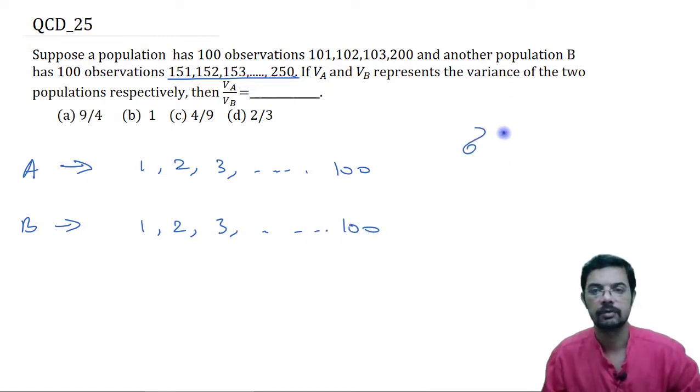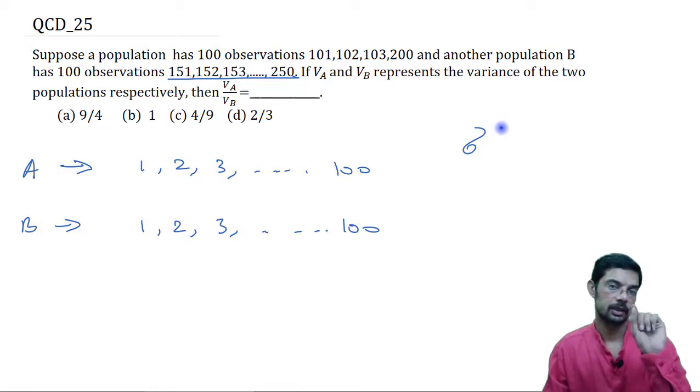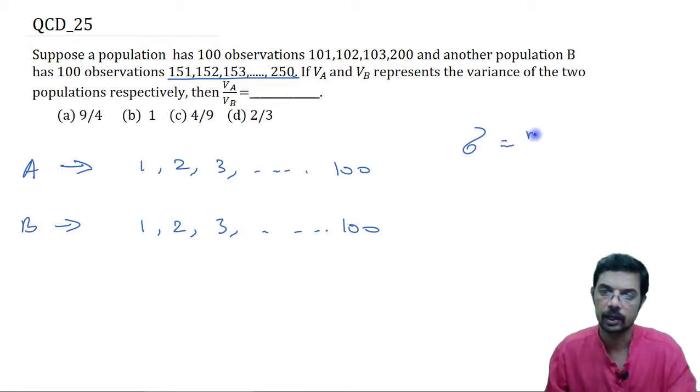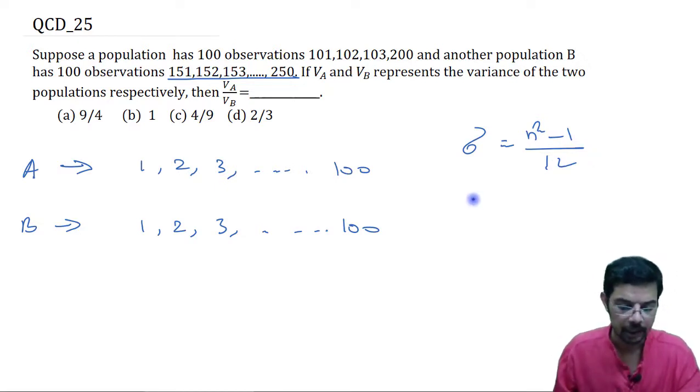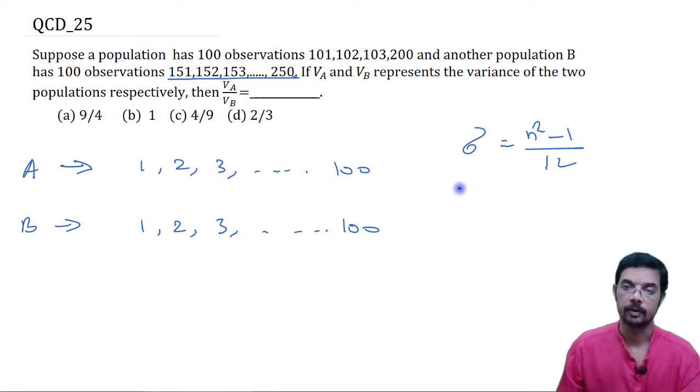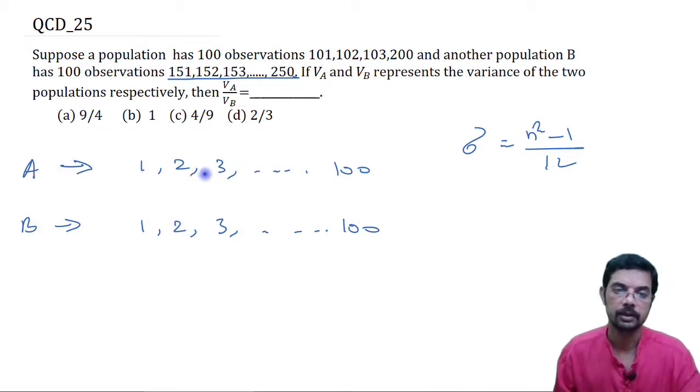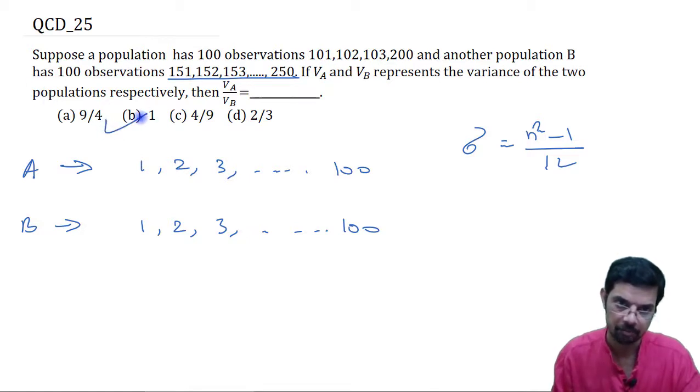And we know that the variance of the first n natural numbers is n square minus 1 by 12. In this case both are the same, so the standard deviation again will be the same. Both are almost the same level, the deviations will not be different. So the ratio of their variances will be 1. The answer is option B.